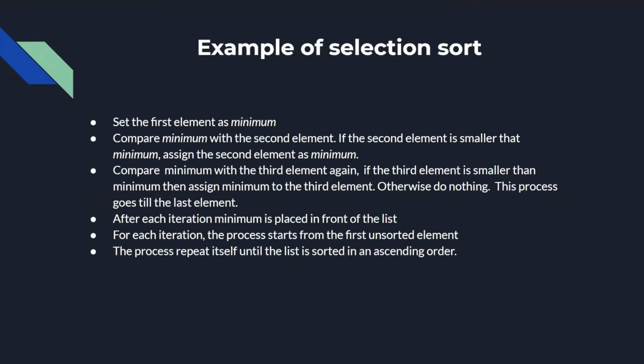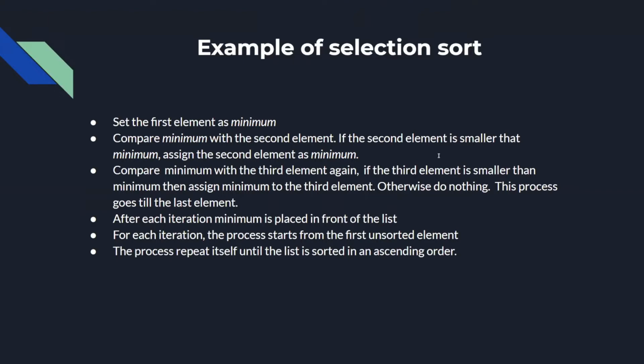As you can see over here, the first step of a selection sorting algorithm is to set the first element as minimum. Then you compare it with the second element, and if it's smaller, the second element becomes the minimum.